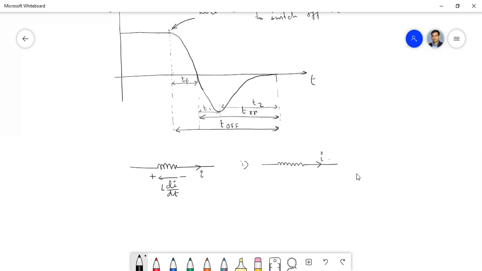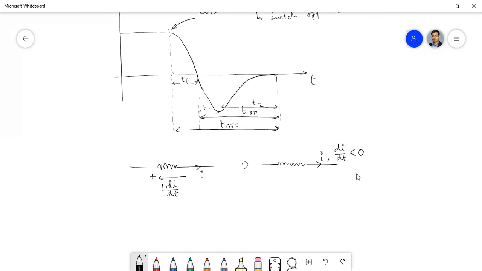So that means I can write that di/dt is less than 0. The current gradient is negative. That means the current is reducing. Can you tell me which state I am talking about? Fall time. This is only for fall time, not for the others.